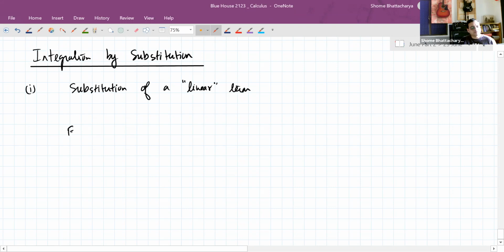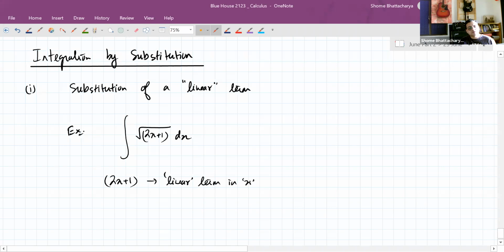So for example, we'll actually understand this with an example and then we'll see further. Okay. So suppose we are integrating square root of 2x plus 1 dx. Okay. So you can see that 2x plus 1 is a linear term in x. So we can use this method of substitution of a linear term.